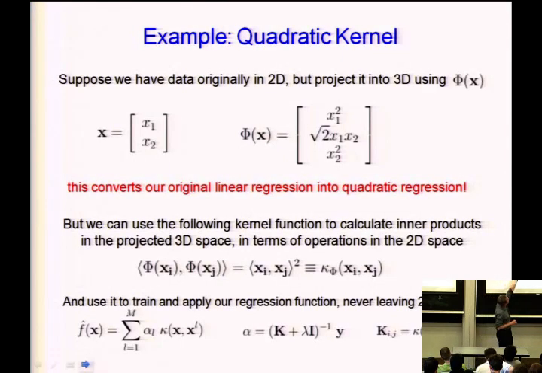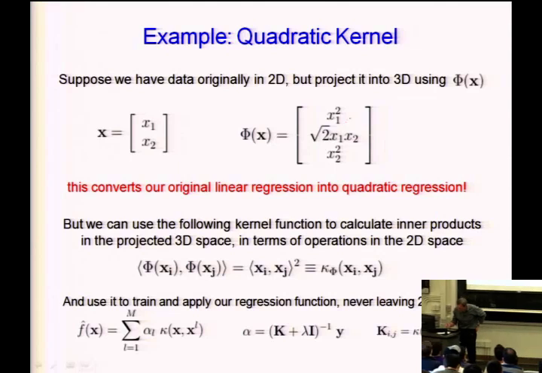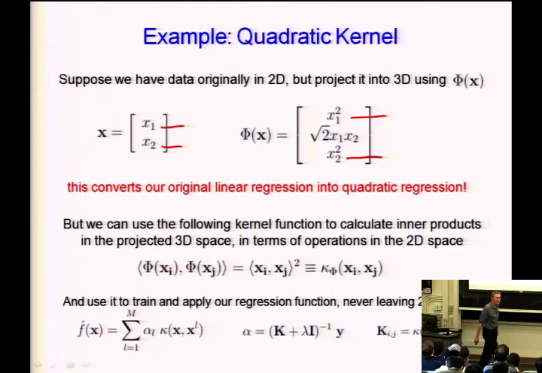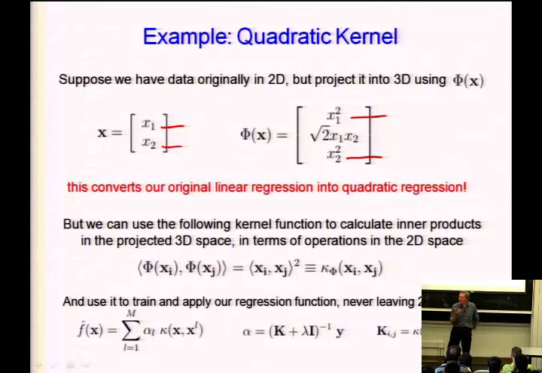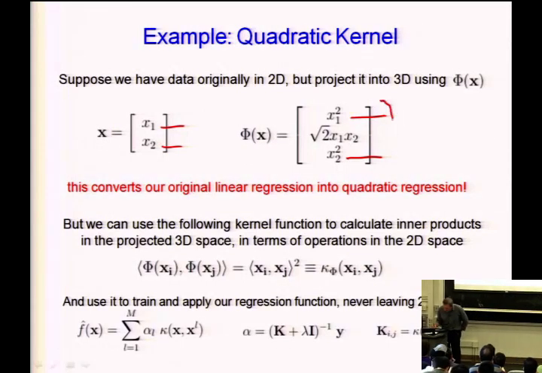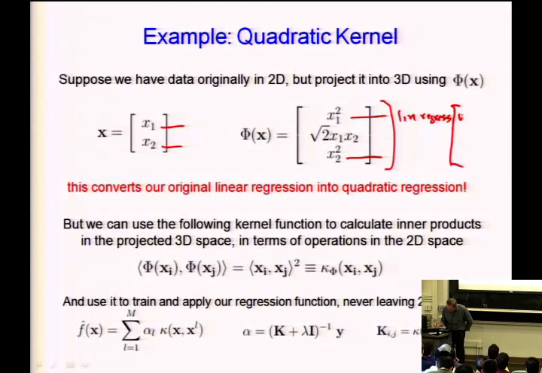I'm going to define the function phi such that it has three components instead of two. The first of these components is just the square of x1. The second of these components is just the square of x2. And the third one is the product of x1 times x2 times square root of 2. Okay, so now think of this. If I do linear regression on this, I'm going to be multiplying that by w1, w2, w3, right?